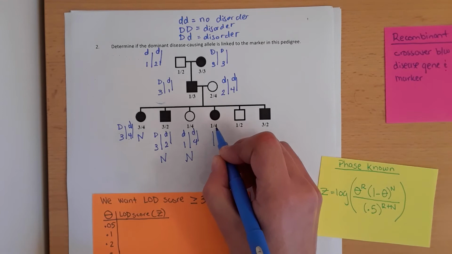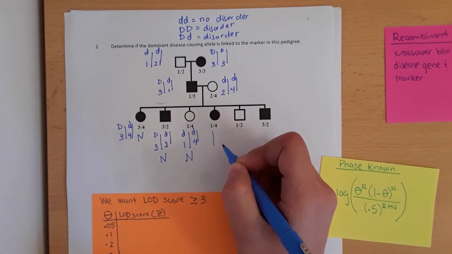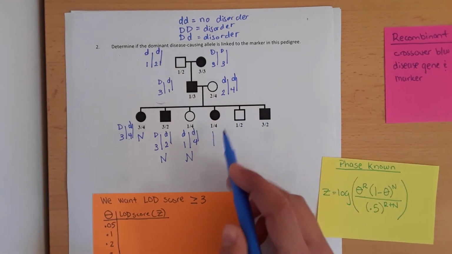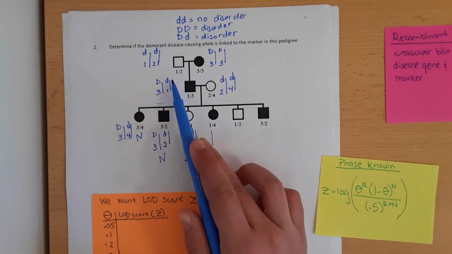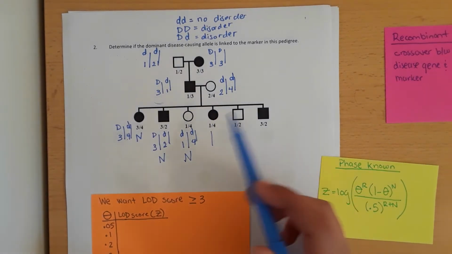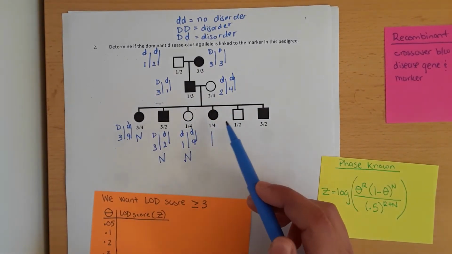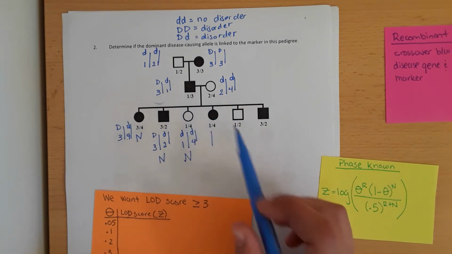Here, though, we have this person shaded in, even though we know that a small d corresponding to 1 means that they should not have the disorder, but they do.